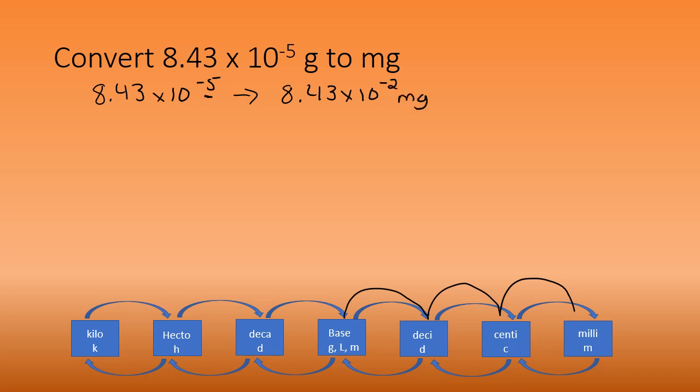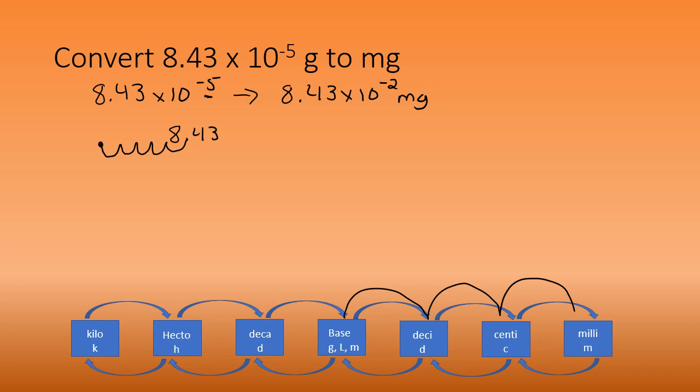Of course, we can expand that out and show that to be the case. We can write our 8.43 down. And to expand it out, the negative 5 tells us to move our decimal place to the left by 5 positions.